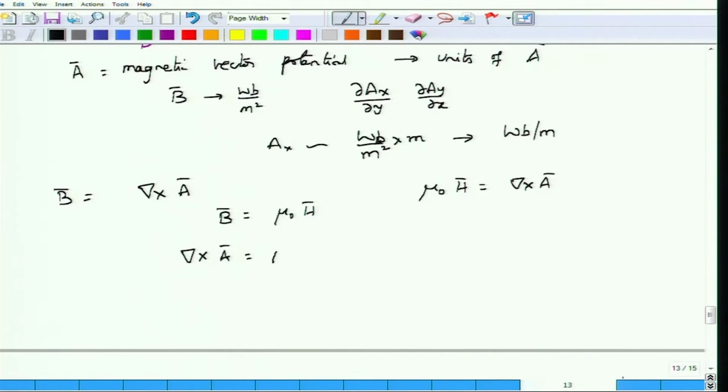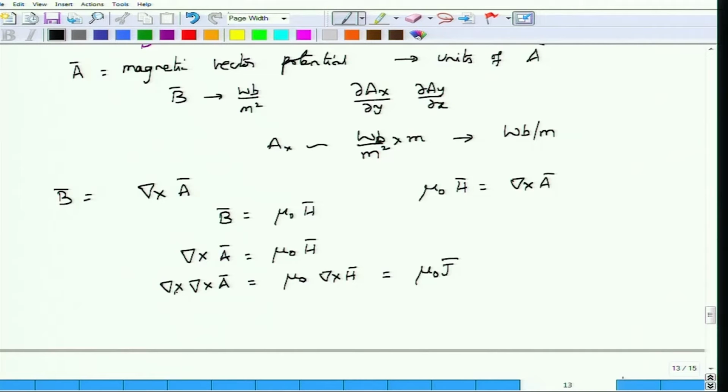Del cross A is equal to mu 0 H, and then take the curl of the left hand side and the right hand side. So, I get mu 0 curl of H. This curl of H we already know can be easily written down. This is mu 0 into J.